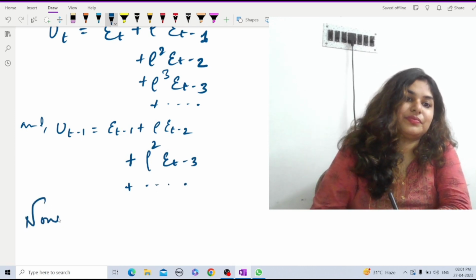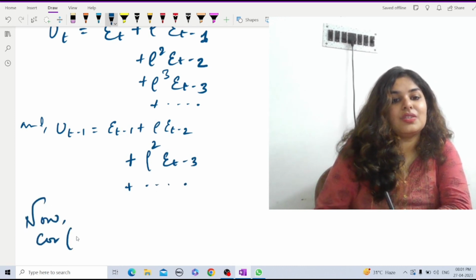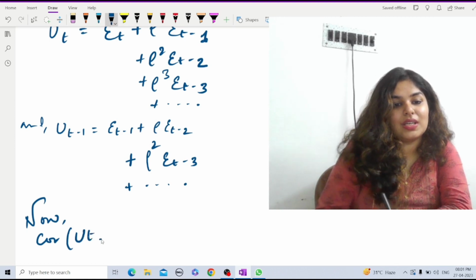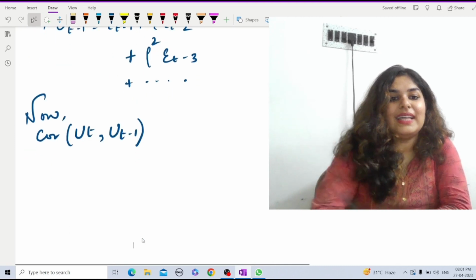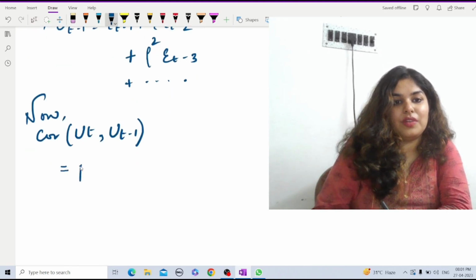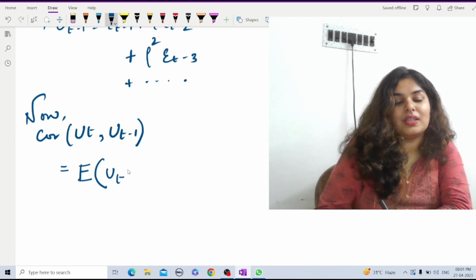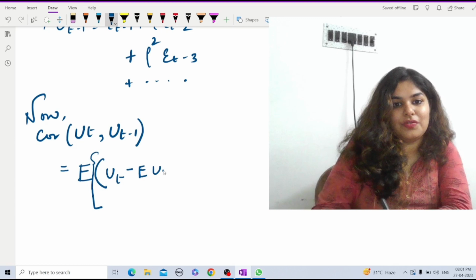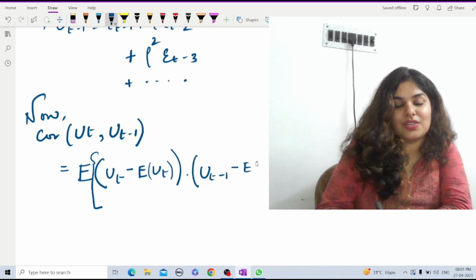Now, covariance of ut comma ut minus 1, that is equal to, what is the formula of covariance? E of ut minus expectation of ut, times ut minus 1 minus expectation of ut minus 1.